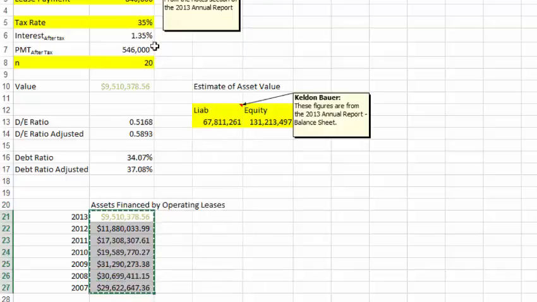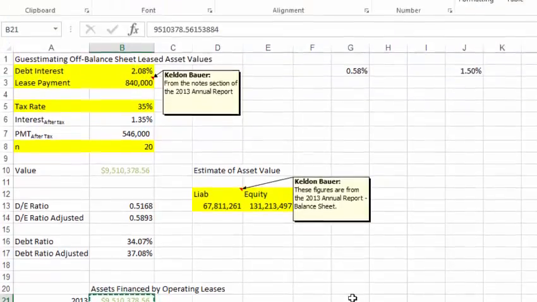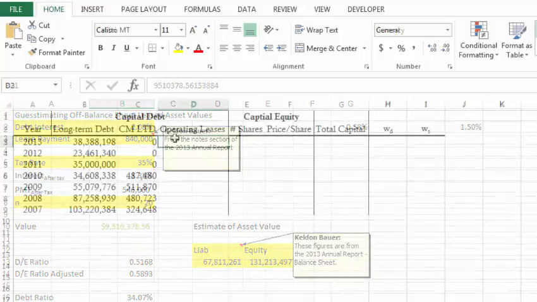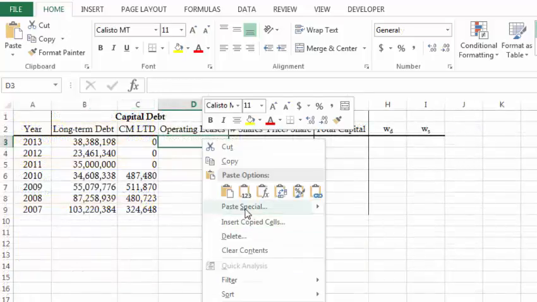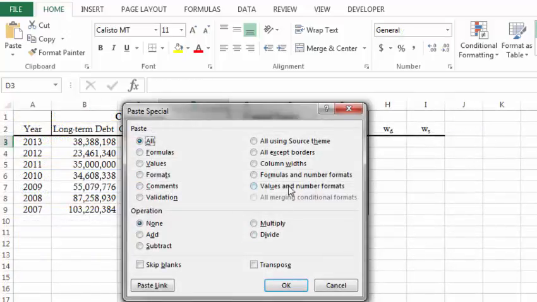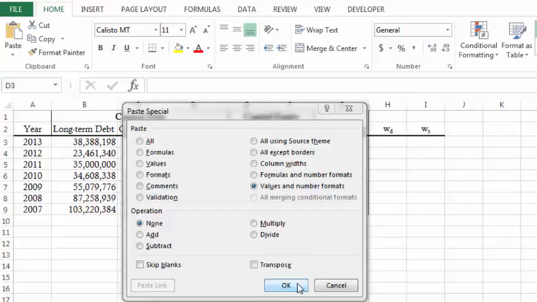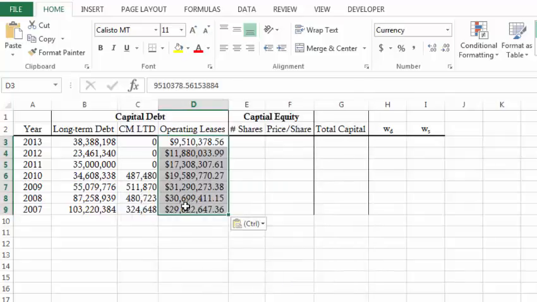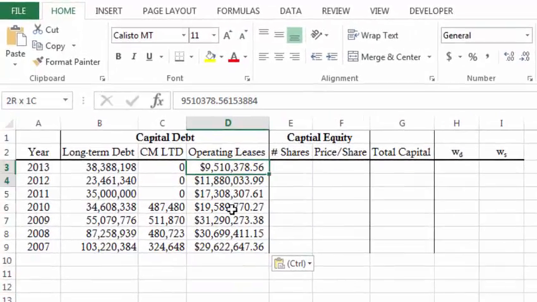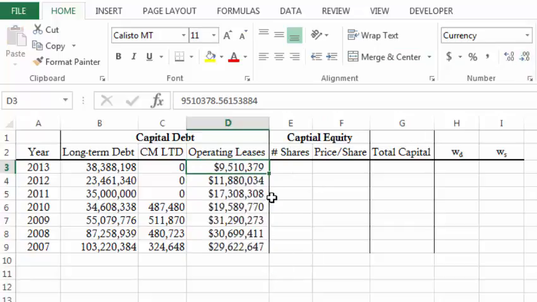So I'm going to copy. And again, this is just picking stuff up from earlier homework assignments. And then I'm going to paste special again. We're going to do values, number formats, and I guess we don't need to transpose in this case. It already went up and down rather than side to side. So I'm going to hit OK. It dumps it all in there. Now these are odd. I'm going to back those off a little so that they're in much the same units.